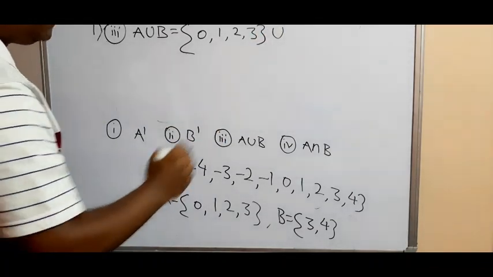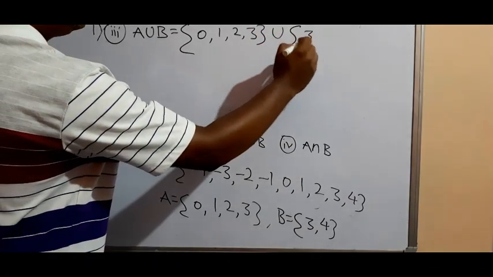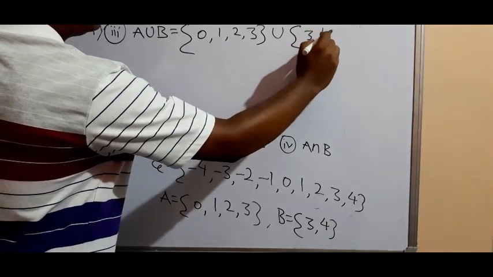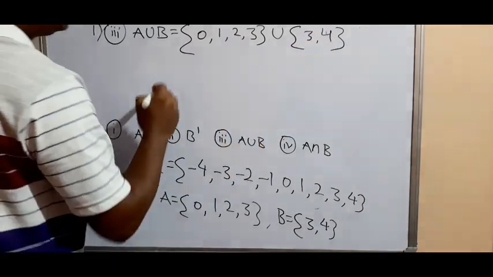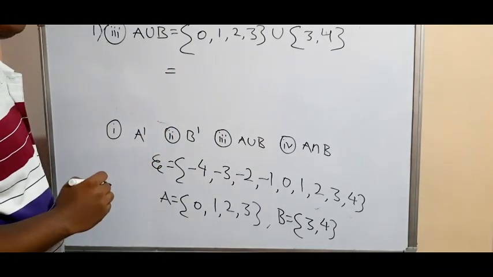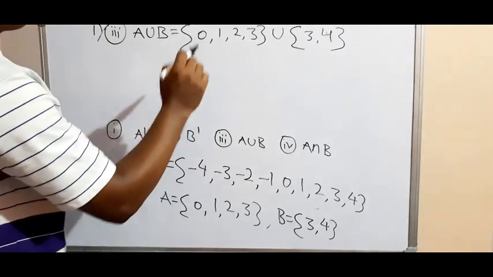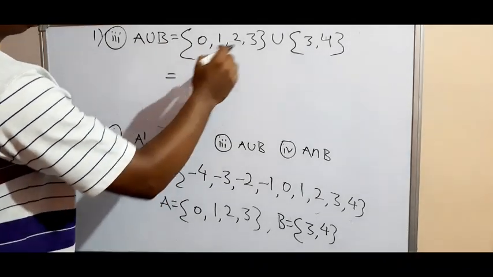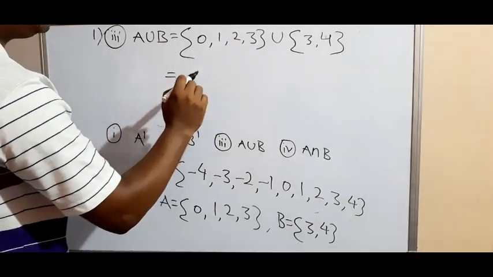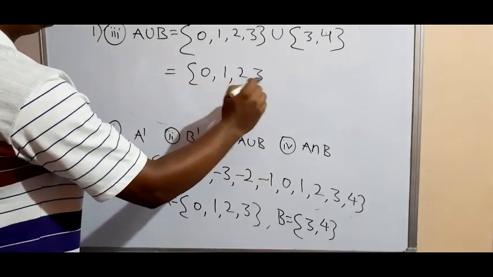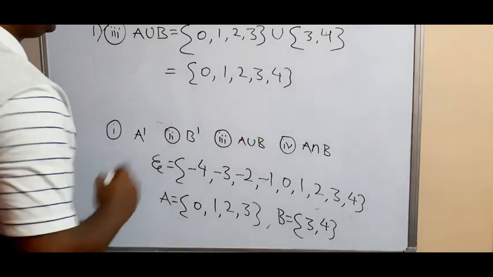Union B elements given 3, 4. So now union means all the elements we have to take. So elements of A and elements of B set also we have to take. The common ones we take only once, I have told already. So 0, 1, 2, 3, 4. A union B, got.